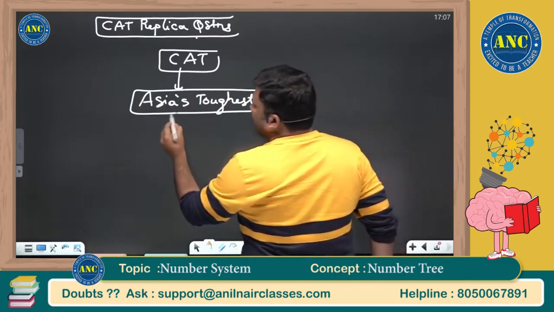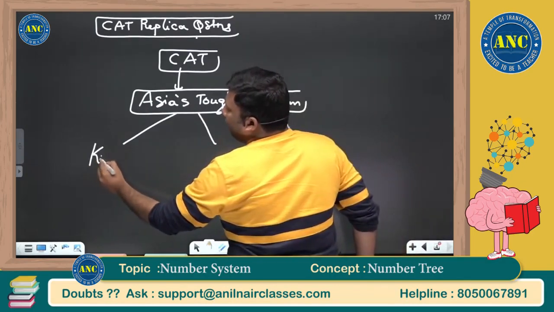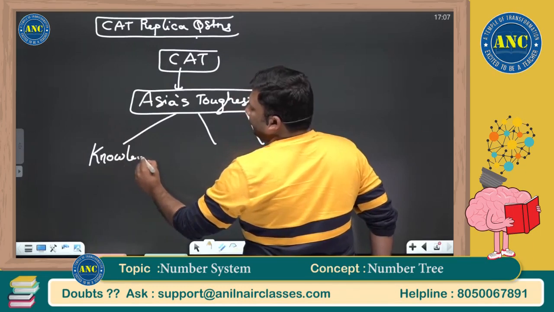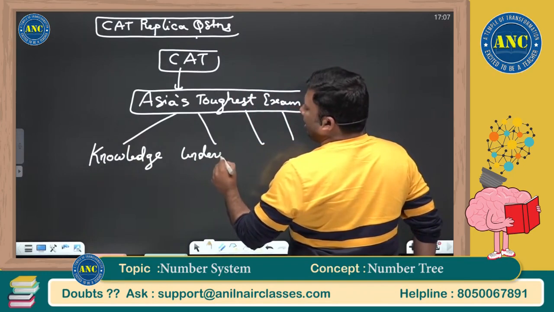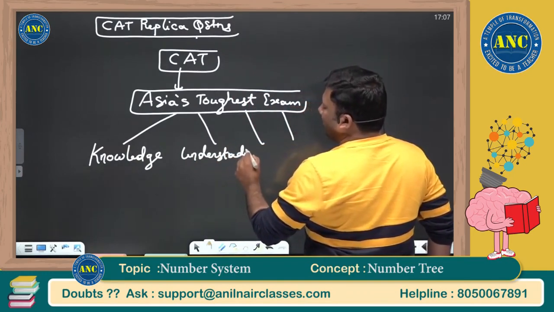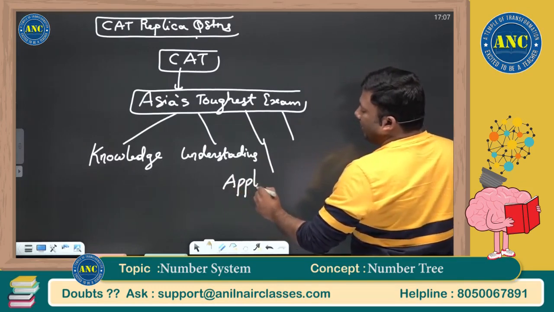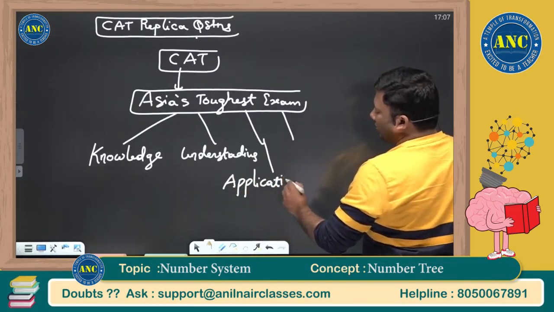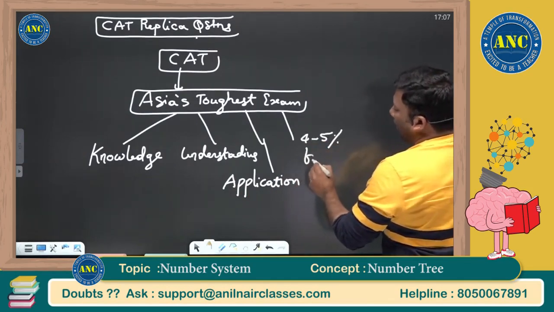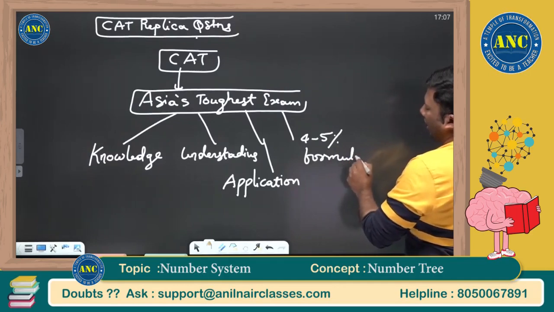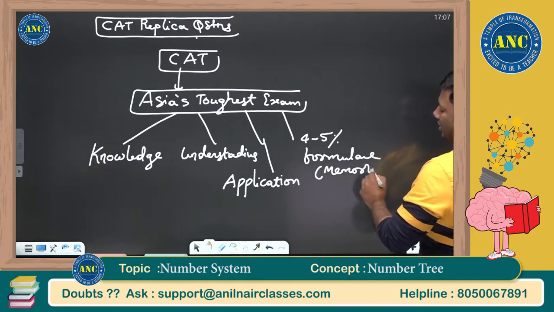The beauty about the CAT examination is there will be knowledge-based questions, questions based on understanding of concepts, and application-based questions. Almost 4 to 5% of the questions are only formulae-based, which we call memory-based.